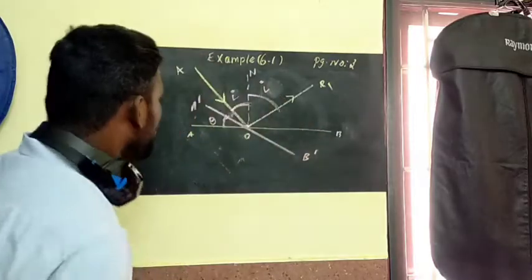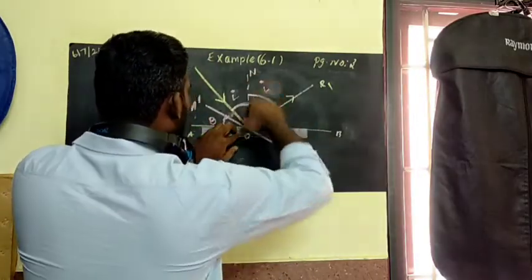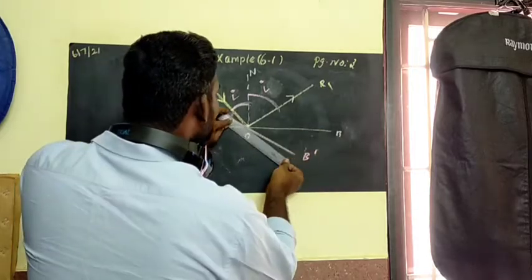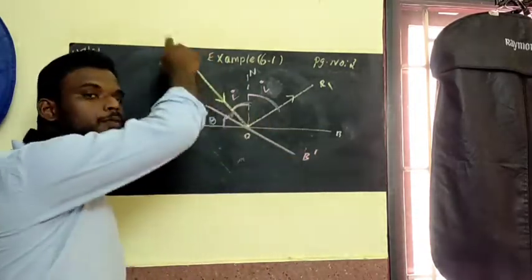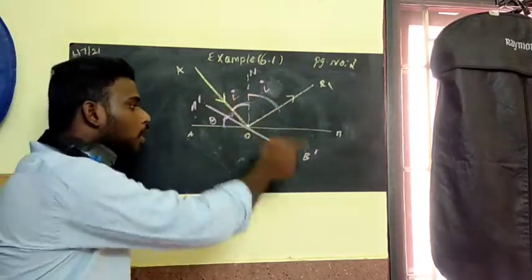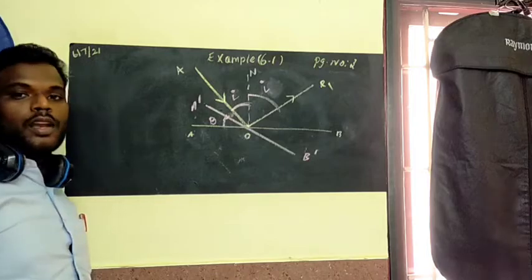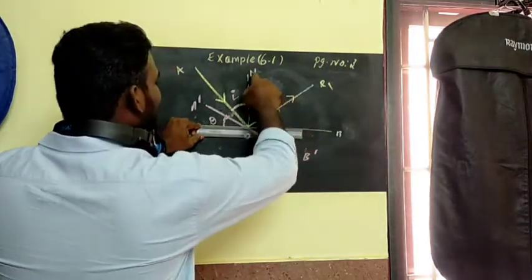And what will happen? For this surface, n will be the normal. We are keeping the incident ray at the same angle. Exactly, we just rotate only the mirror. For AB, n is the normal.